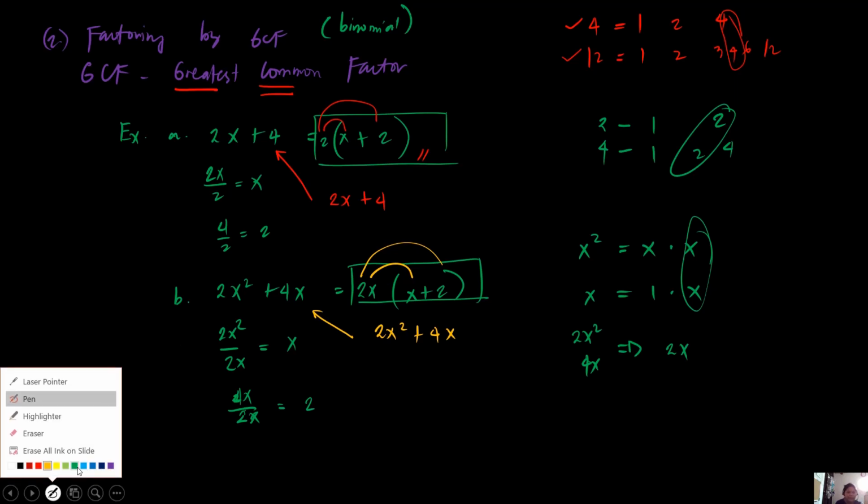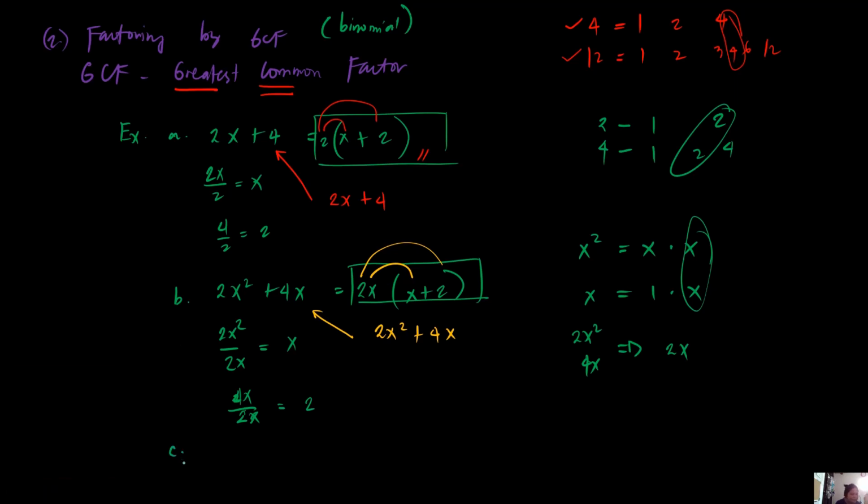Okay, let's have letter C. We have 15x cubed plus 4x squared. So now, as you can see here, 15 and 4. Do you think 15 and 4 have a factor greater than 1?